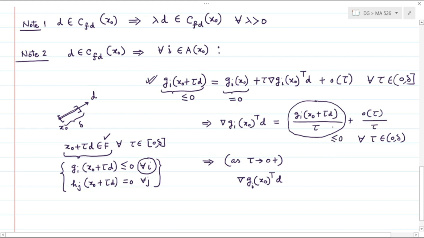And this limit evidently exists because if you take the limit on both the sides, the limit for this exists, the limit for this exists, and therefore the limit for this must exist. And this quantity is less than or equal to 0, and this quantity moves towards 0, and therefore you have for all i belonging to A(x0) this is true.